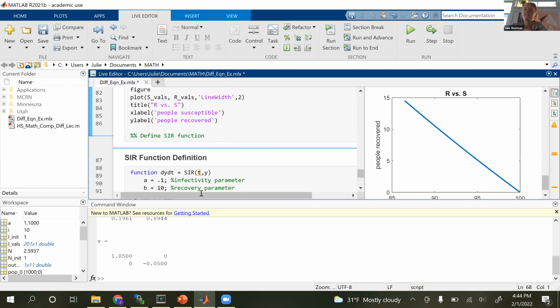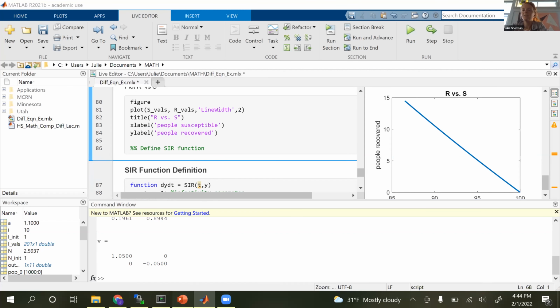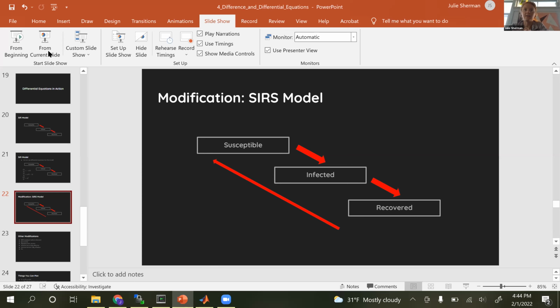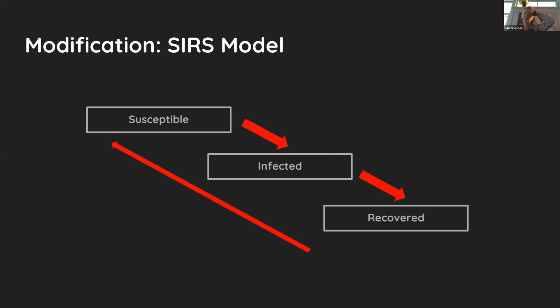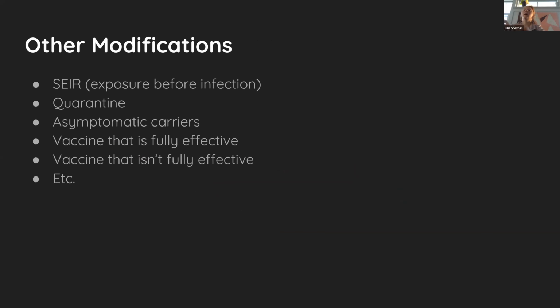Great. And that was my last MATLAB example, but I just wanted to come back here and talk a little bit more about what other things we can do. This was our first simple modification: assume that people can lose immunity from the disease. We can also add in another stage, and that would be an exposure stage.